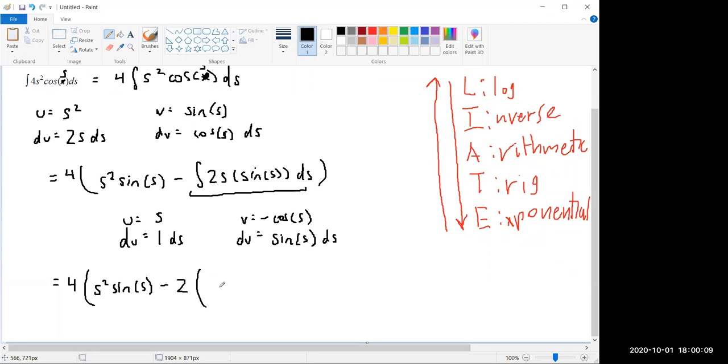So this would be u times v, which is negative s cosine of s, minus the integral of v times du. So that would be negative 1 cosine of s ds. And then close two parentheses.